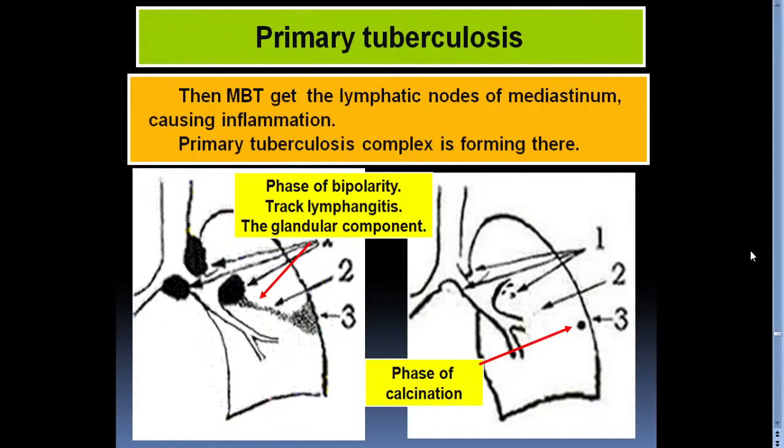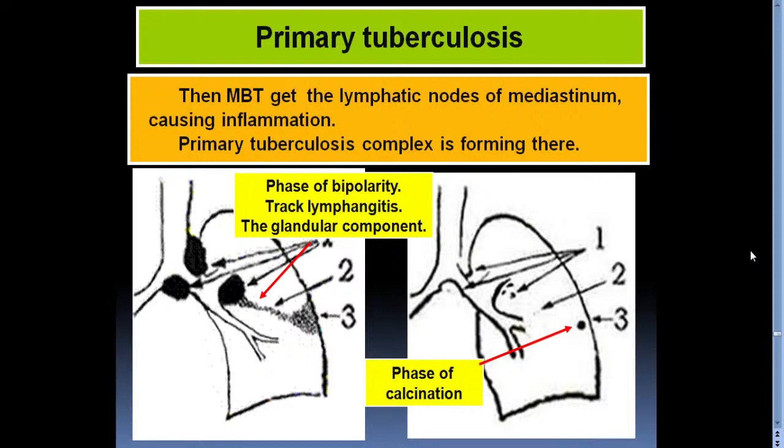Then, Mycobacterium tuberculosis gets into the lymph nodes of the mediastinum, causing inflammation. Primary tuberculosis complex is forming there. And on these photos, you can see different phases of primary TB complex.